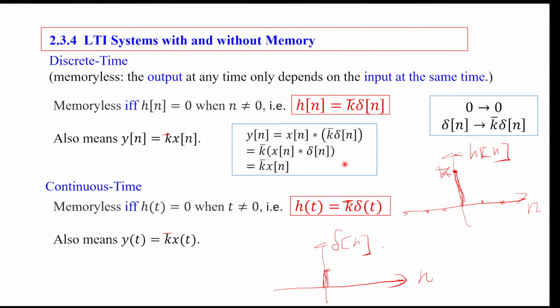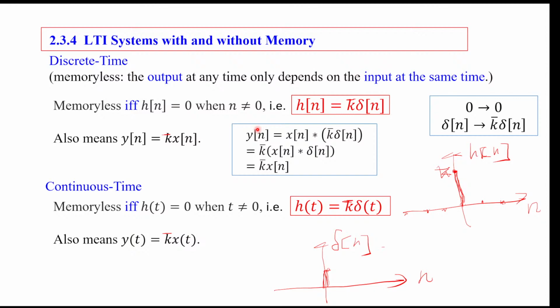This is very easy to prove because convolution is basically summation or integration, so it's linear in its arguments. Back to our output for the memoryless system: y of n equals x of n convolved with k bar delta of n, which equals k bar times x of n convolved with delta of n, and x of n convolved with delta of n is just equal to x of n.